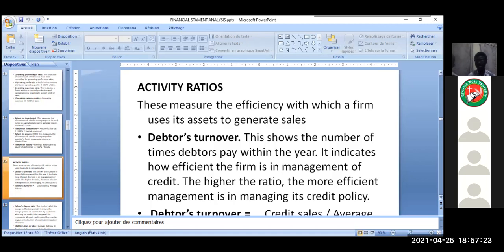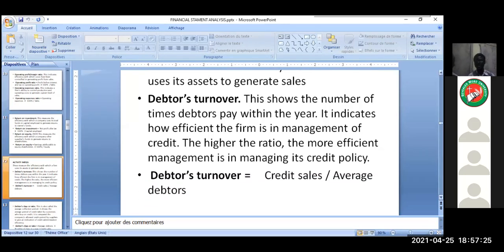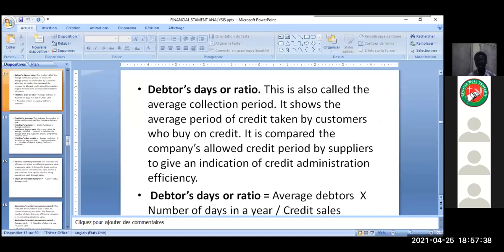How to calculate debtors turnover? We take credit sales, then we divide over average debtors. Then we get the answer. Okay?